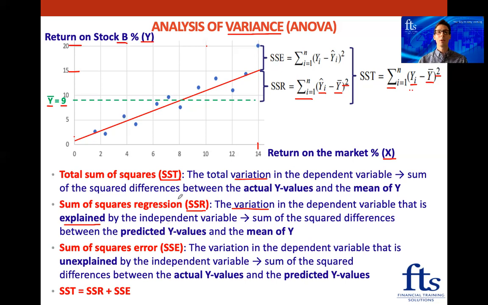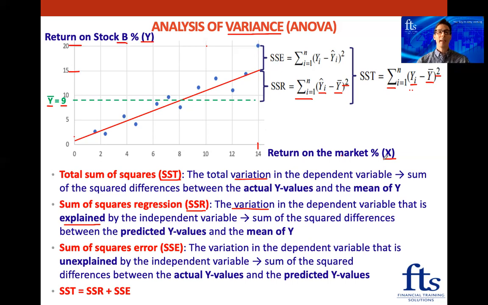So because we've got this positive relationship here between the return on the market and the return on stock B, we can explain that when the return on the market is high, the return on stock B is also high, 15%. So that is the explained variation in our dependent variable. And that variation is explained by our independent variable, the return on the market.